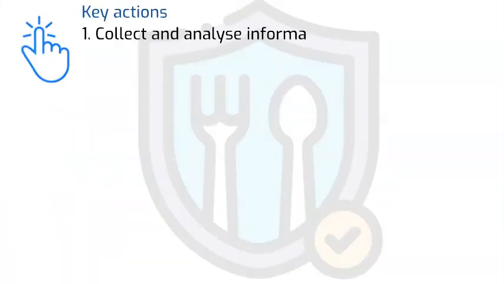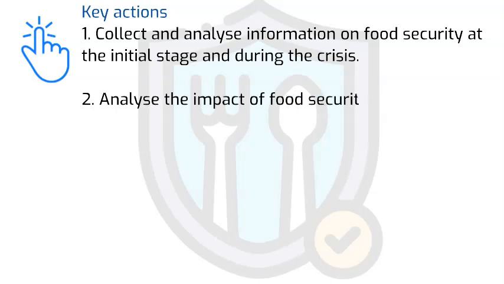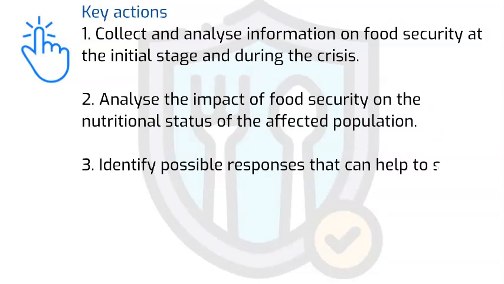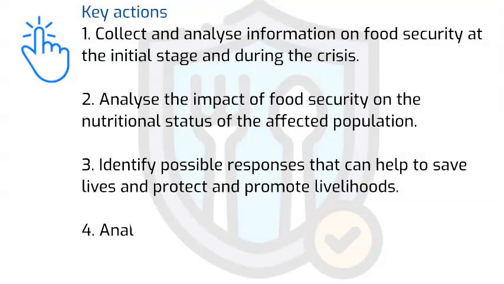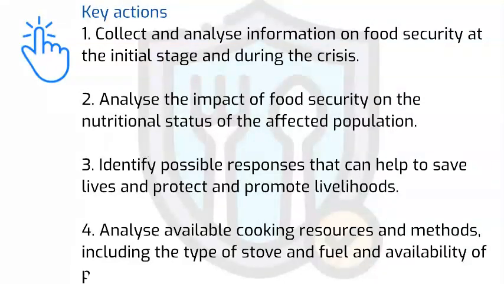Collect and analyze information on food security at the initial stage and during the crisis. 2. Analyze the impact of food security on the nutritional status of the affected population. 3. Identify possible responses that can help to save lives and protect and promote livelihoods. 4. Analyze available cooking resources and methods, including the type of stove and fuel and availability of pots and utensils.